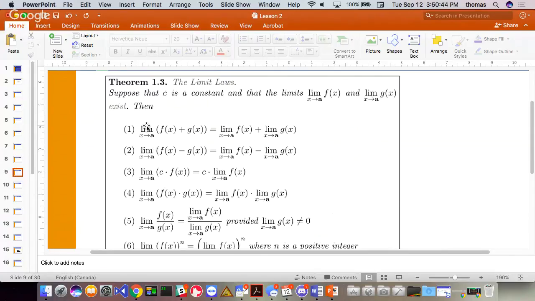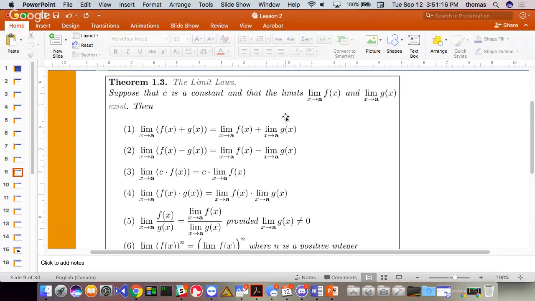For example, the limit as x approaches a of f(x) plus g(x): if you take these two functions, I can actually split it into the limit as x approaches a of f(x) plus the limit as x approaches a of g(x), and we can split them off into two separate limits. Now you might say, why am I showing you this? Because remember, we want to find limits sometimes, and they're so complex that we need to split them up and do a few manipulations for us to see whether the limit exists or not.